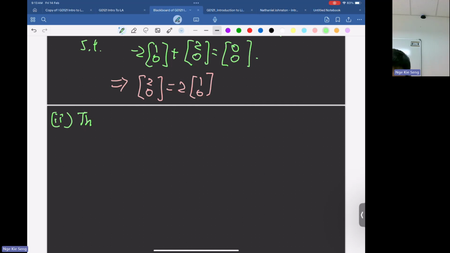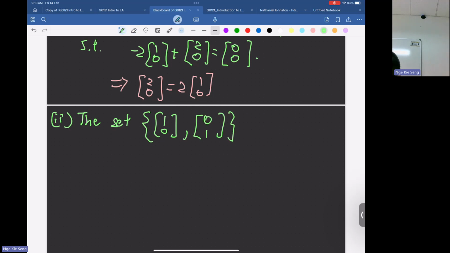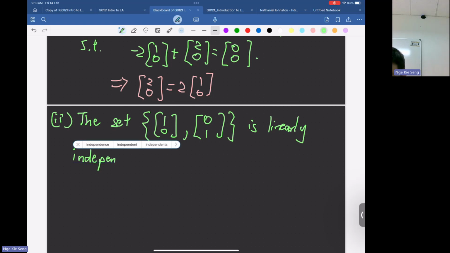Let's say the set containing (1, 0) and (0, 1) is linearly independent. Meaning what?